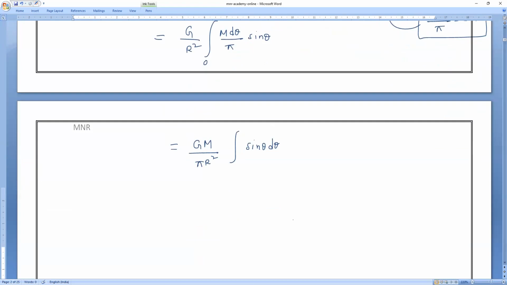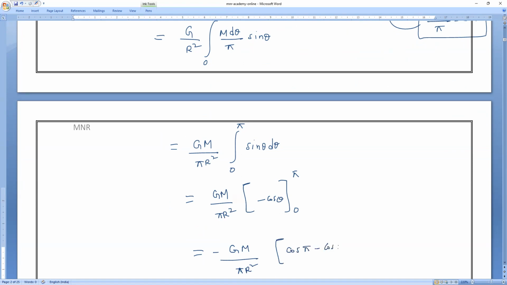What is the integration of sine theta? Integration of sine theta is minus cos theta, from 0 to pi. Let me take this minus outside. So minus GM divided by pi r square into cos theta, cos pi minus cos 0.